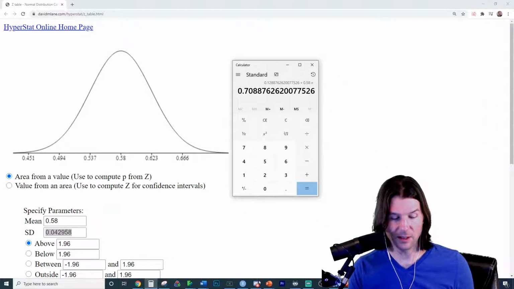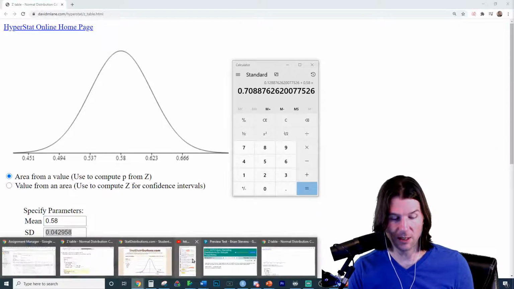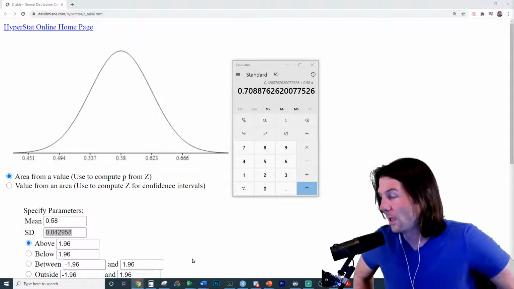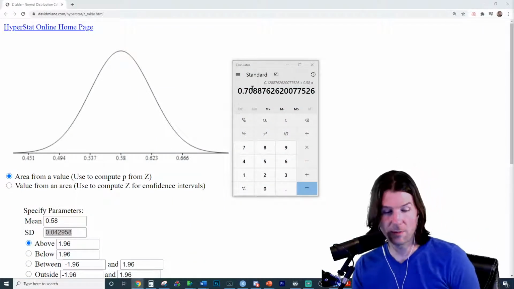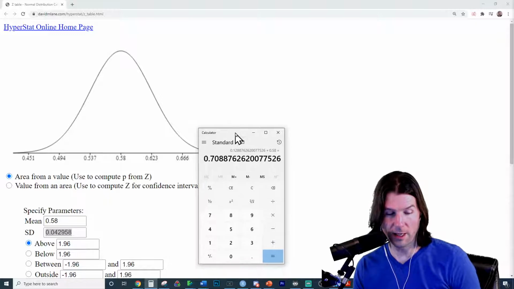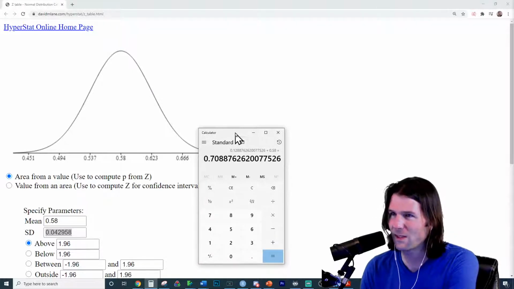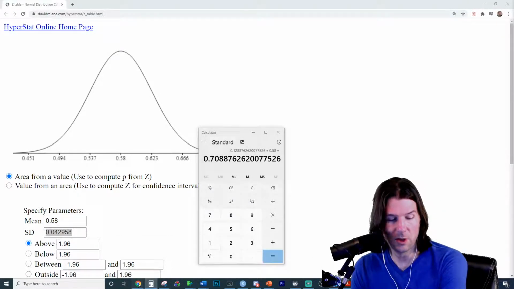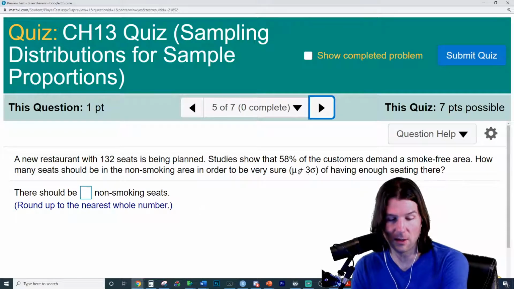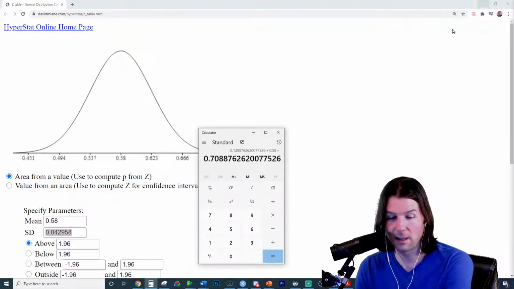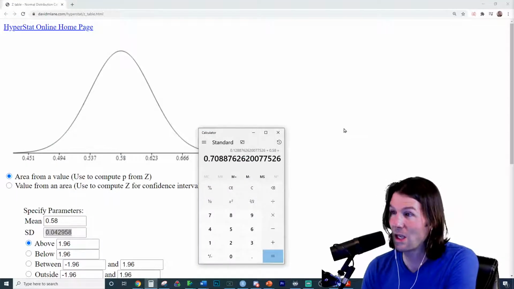And Ella, does this make sense right here that I've gone up 3 standard deviations? Although we can't see it on the curve, does it make sense that this number right here on the curve would be 0.7088? Does that make sense that this is 1, 2, 3 standard deviations up, which is what this question is seeking out? It is seeking out 3 standard deviations above the mean, exactly. So this is what we need.